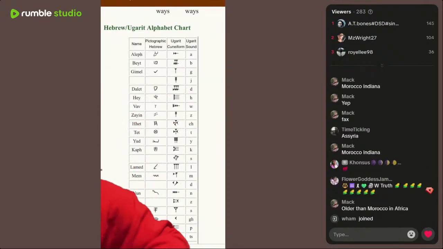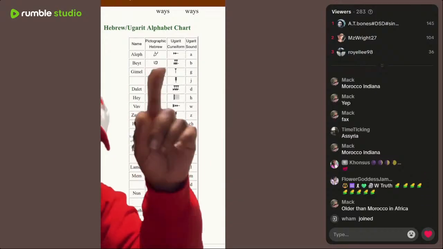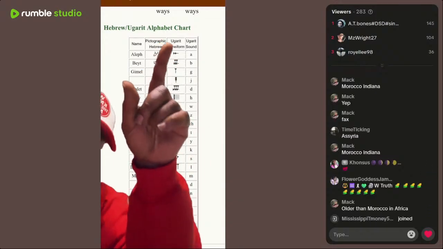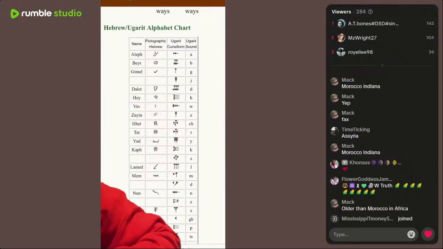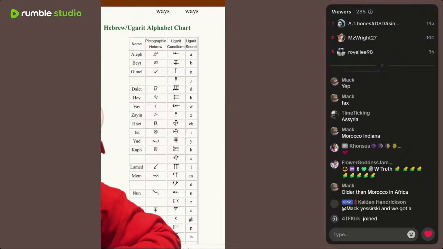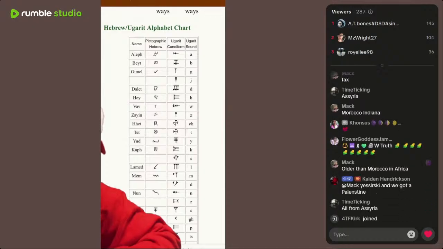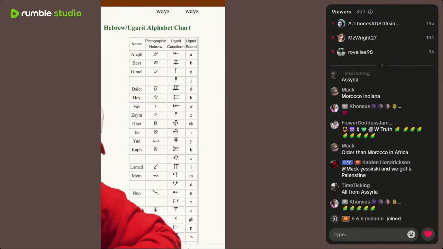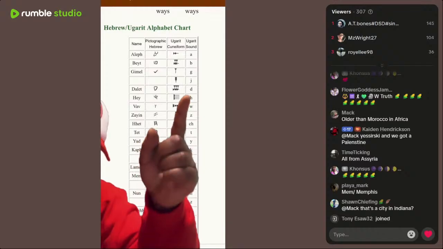Let's go look here. Hebrew in the Ugaritic cuneiform. Same meaning, it's just wrote in cuneiform. This the old language. This is the newer cuneiform.